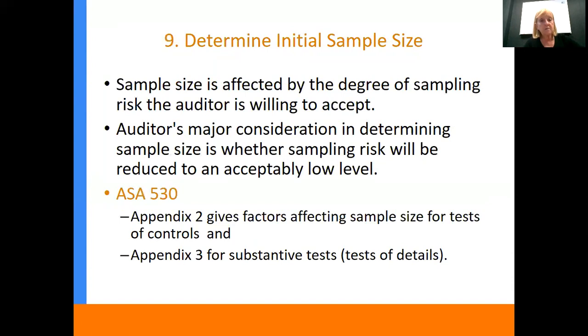The sample size is affected by the degree of sampling risk the auditor is willing to accept, and the auditor's main consideration in determining the sample size is whether sampling risk will be reduced to an acceptably low level. If I can't get my sampling risk down to an acceptably low level, then there's not much point me testing it. I just can't rely on it at all.